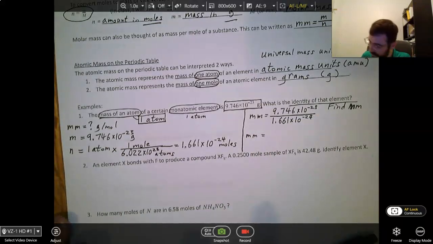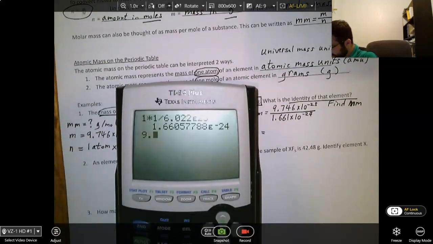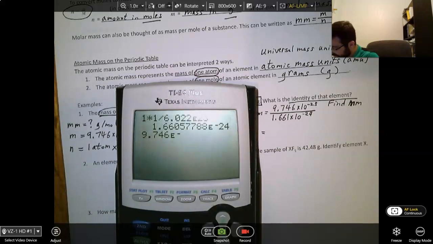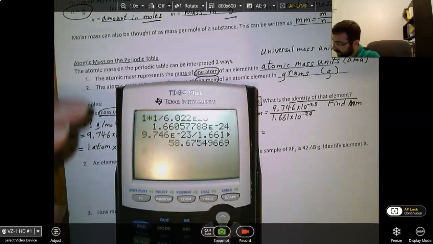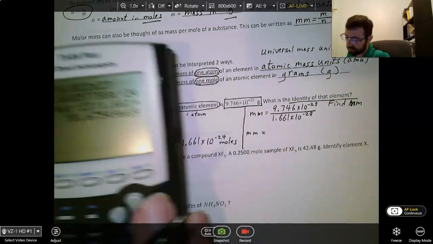See what I come out with. 9.746 times 10 to the negative 23rd divided by 1.661 times 10 to the negative 24th. I get 58.68.